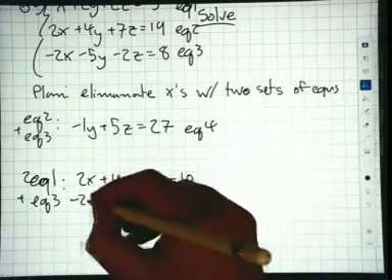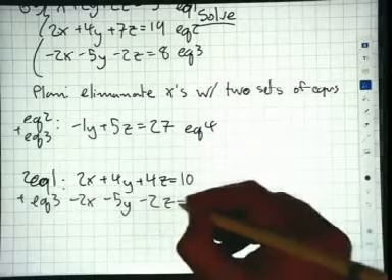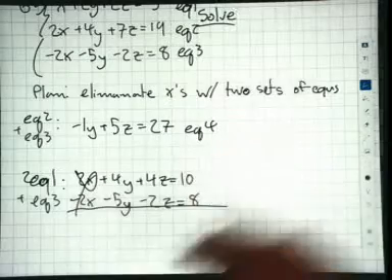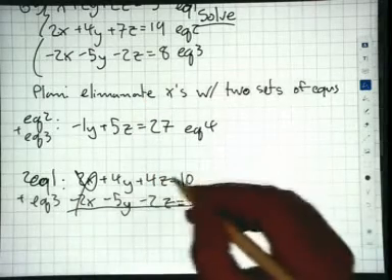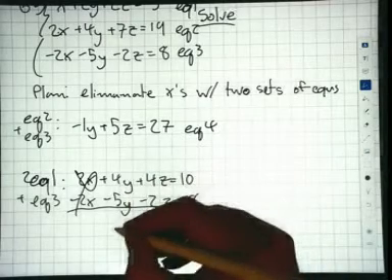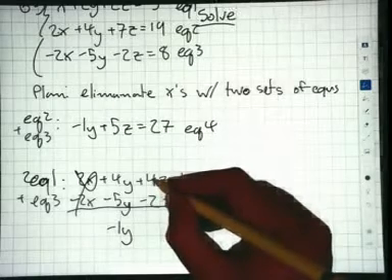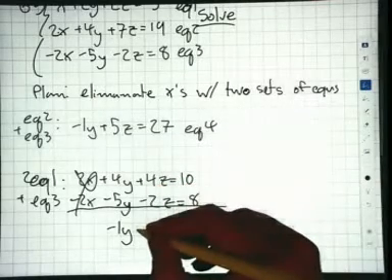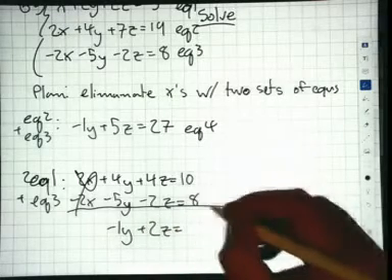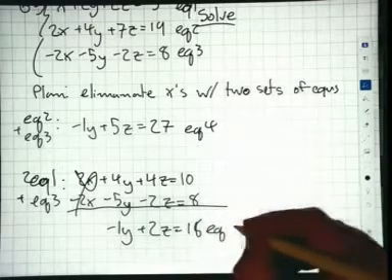Equation 3 is still the negative 2x minus 5y minus 2z is equal to 8. Add these equations together, my x's cancel out, just like I wanted to. Then we get 4y minus 5y is a negative 1y. 4z minus 2z is going to be a 2z. And then 10 plus 8 is going to be 18. We'll call this equation 5.